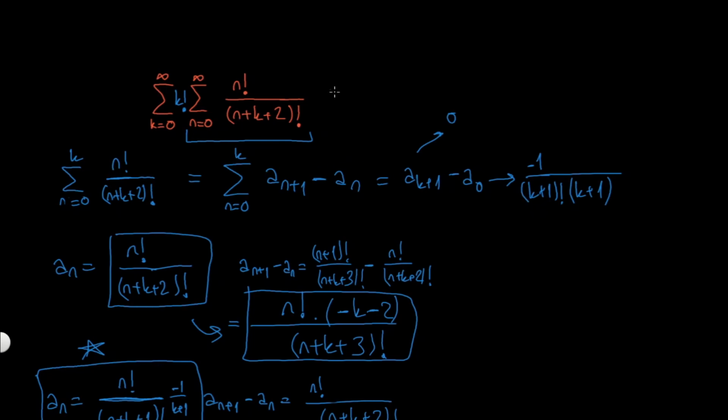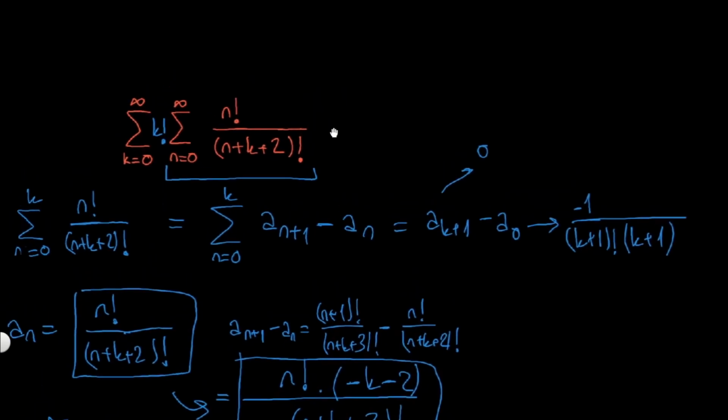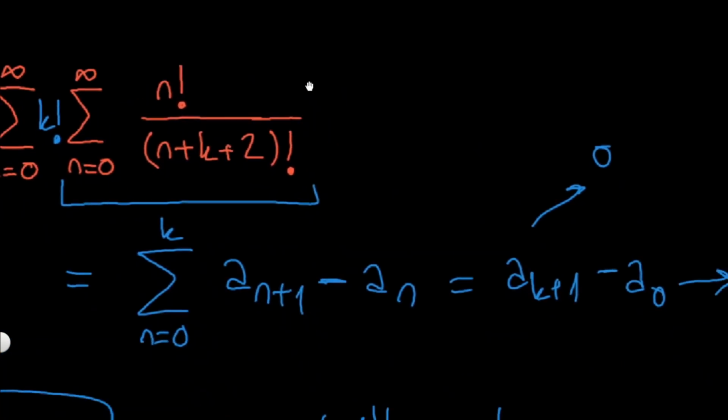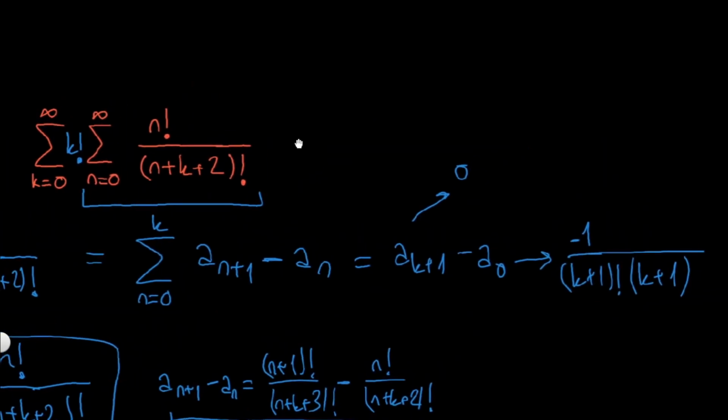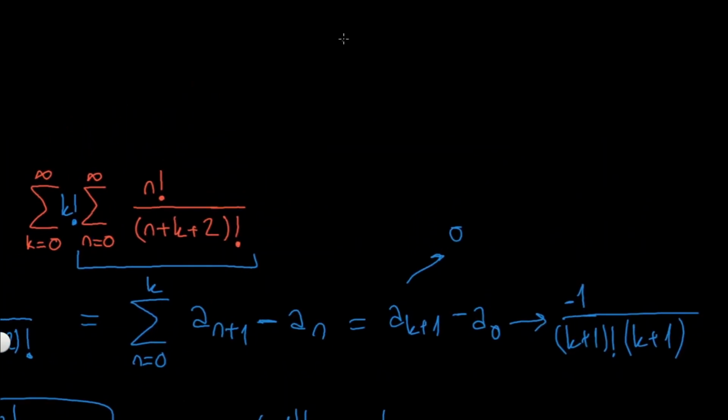Okay, perfect. So now let's substitute this here, which will give me something much simpler. Let's do it like this. So I'm going to have k from 0 to infinity, the sum. So I have k factorial. I already factored this up in the beginning. Then I'm going to have a minus.